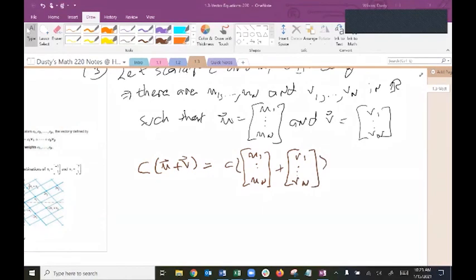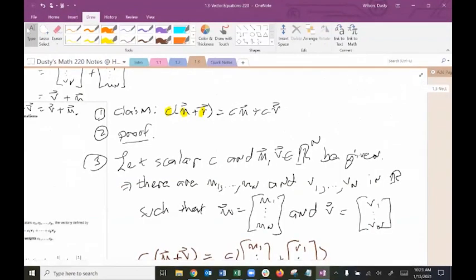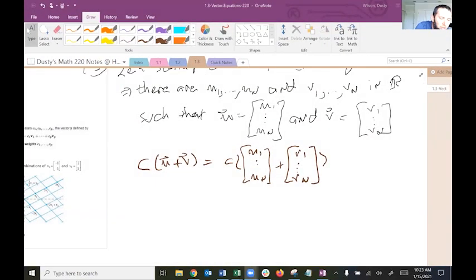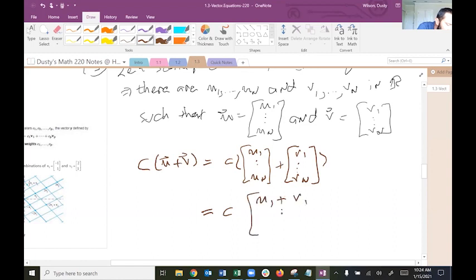We're trying to get to cu plus cv. So we're going to again add our u and our v vectors together. So we have c times u1 plus v1 all the way down to un plus vn.